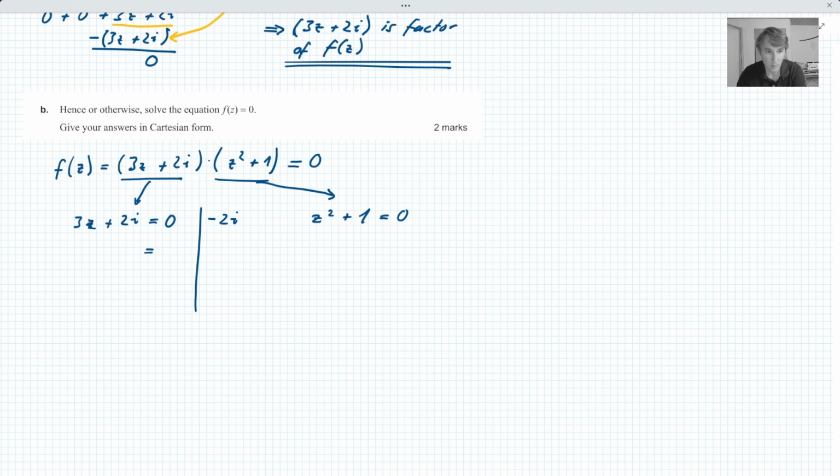We want to solve for c, so we isolate c first by subtracting 2i from both sides.